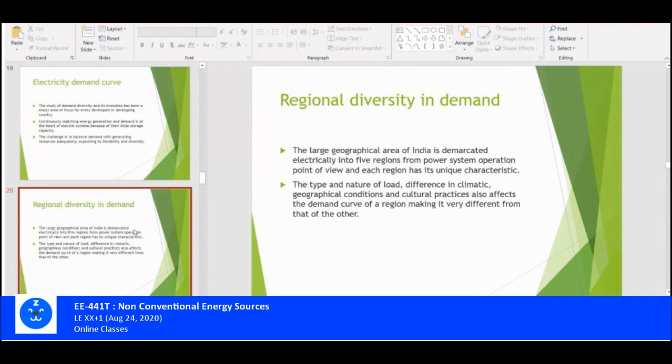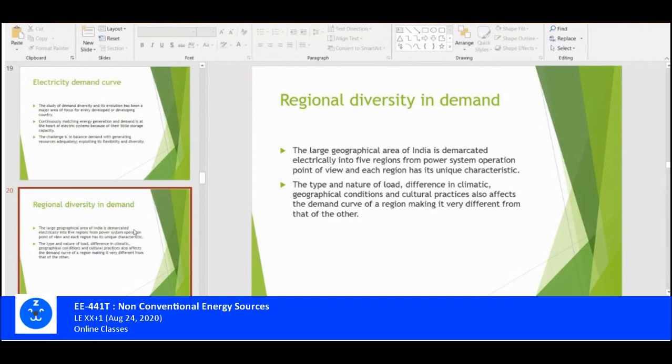It is not that demand variation or demand diversity for northern and southern or western grids are similar. It's not like that, because some states are industrially advanced and some are where agriculture activities are predominant. Even in different mega cities, demand variation is quite different. For example, if we take the case of Delhi, the northern grid, it does not have much industrial load. Rather, it has commercial and domestic load.